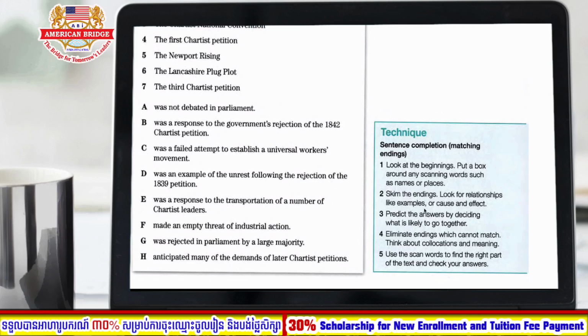Look for relationships like example or cause and effect. Number 3, predict the answer by deciding what is likely to go together. Number 4, eliminate endings which cannot match. Think about collocation and meanings. Number 5, use the scan word to find the right part of the text and check your answer.